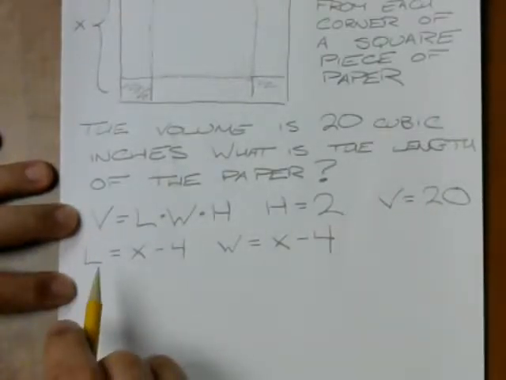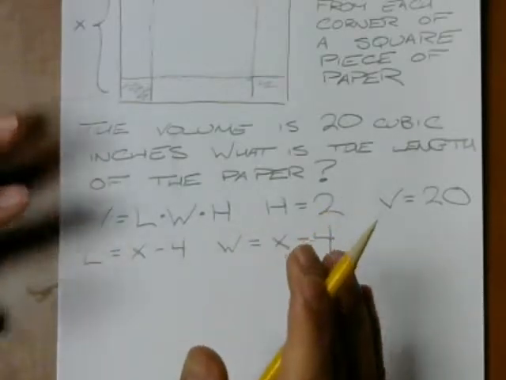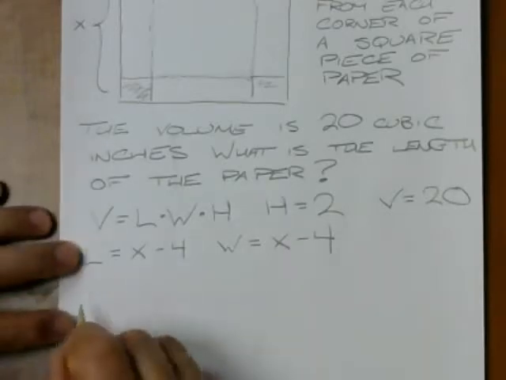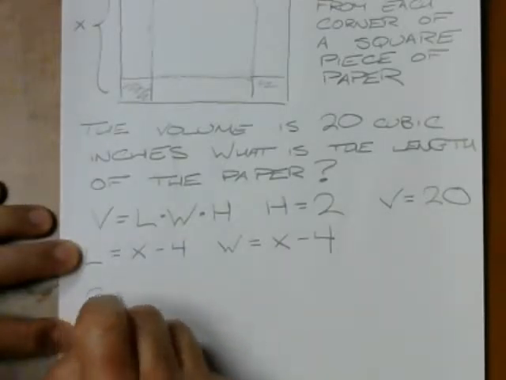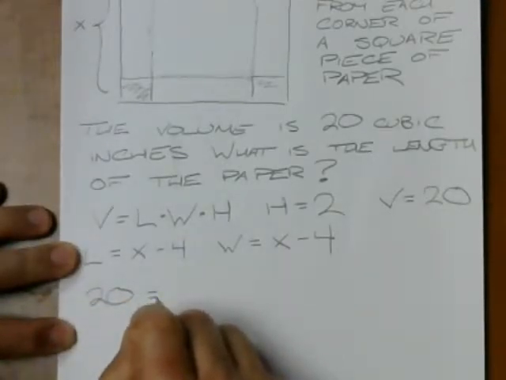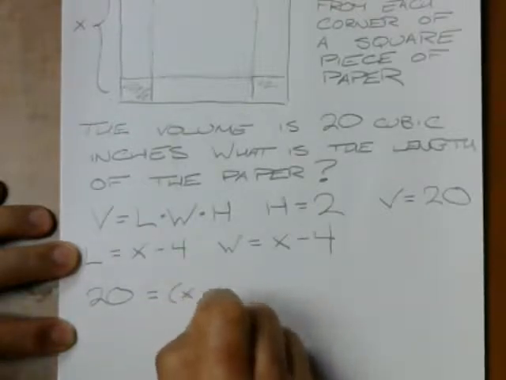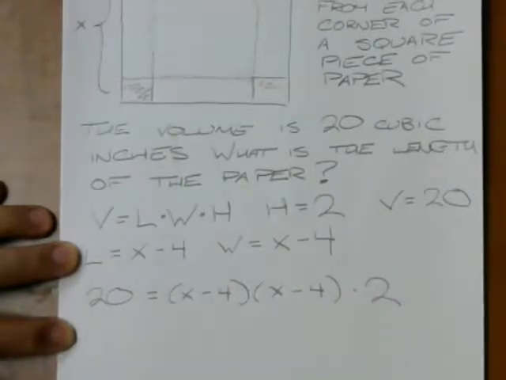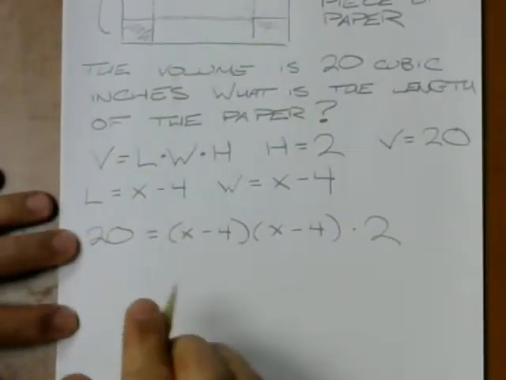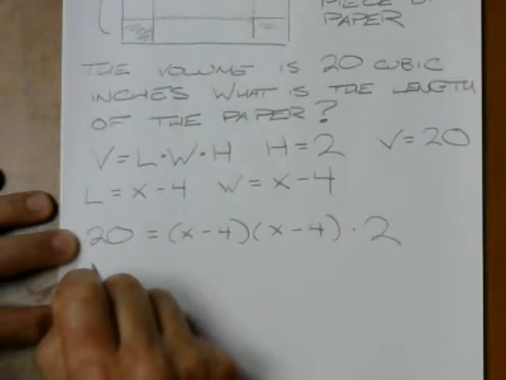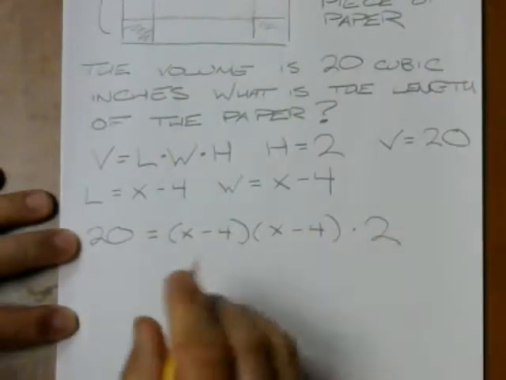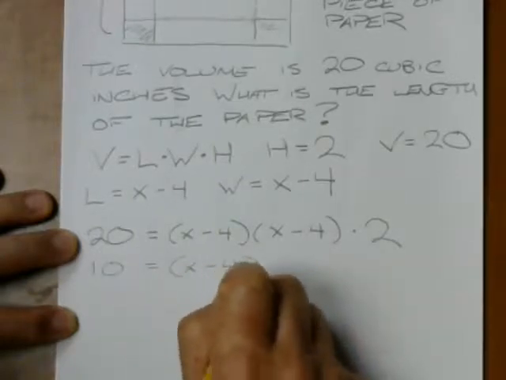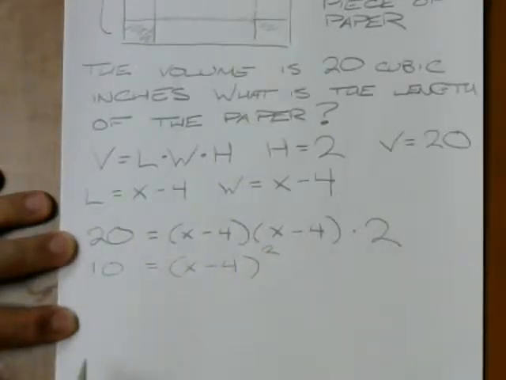Okay, so maybe I don't know what to do. Let's see if there's anything I can plug in. So I get 20 is equal to x minus 4 times x minus 4 times 2, which tells me that I could divide both sides by 2 to make it a little easier. 10 equals x minus 4 squared.